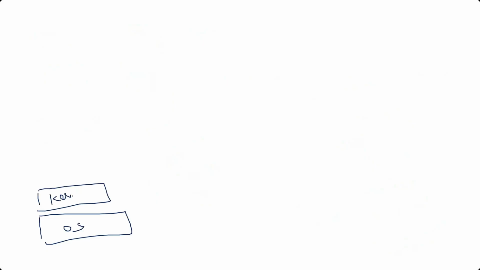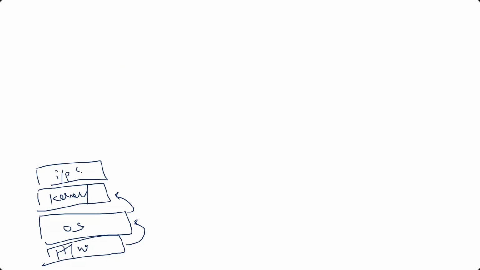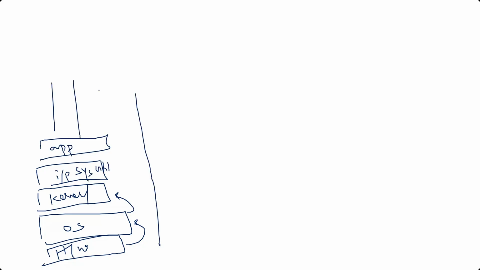Now if you look at virtualization software, you have hardware, an operating system, a kernel. The kernel has input output devices, system utility programs. On top of this, you have an app. What does virtualization do? Virtualization will actually create copies of this.